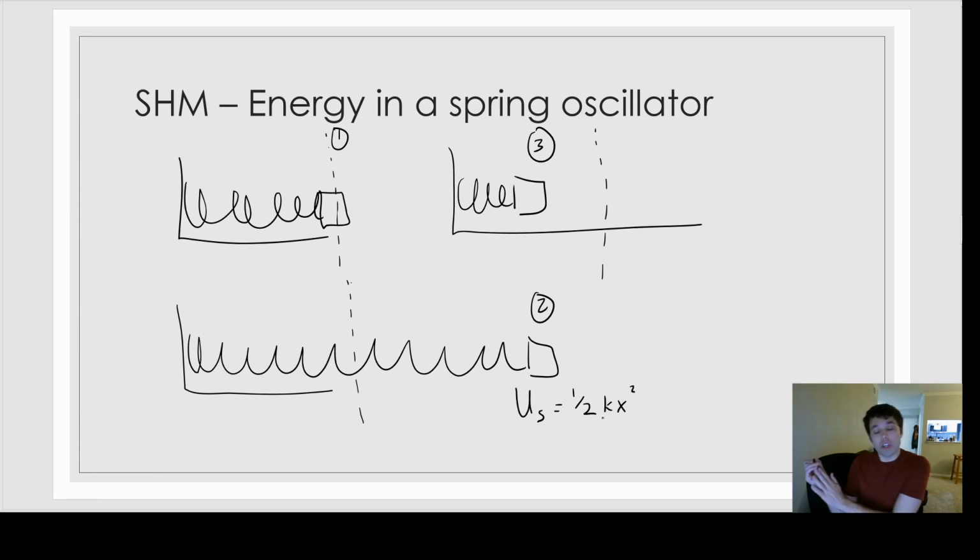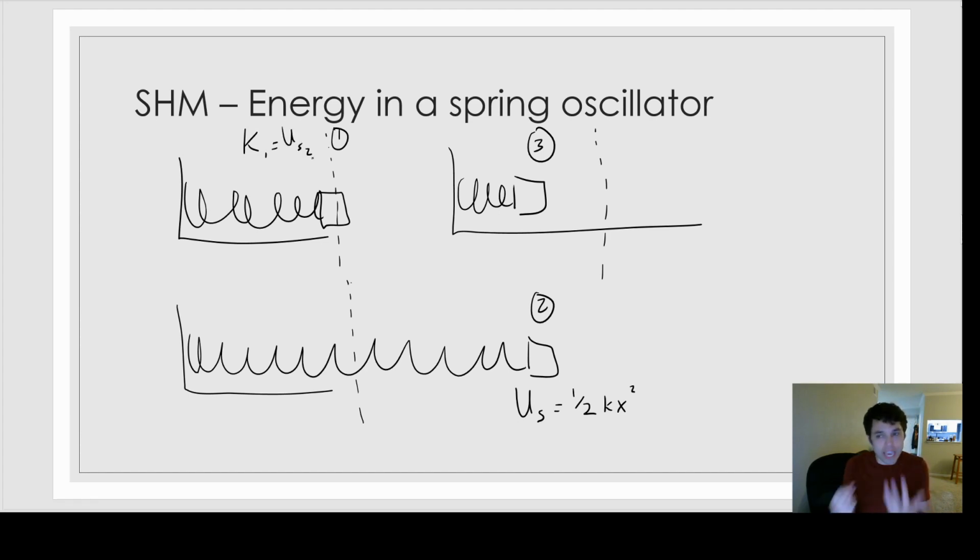As the object goes back towards position 1, the energy at position 1, it doesn't have any spring potential energy because it's at equilibrium position. So the x is 0, but it is moving now. And so our K at position 1 must equal our spring potential from position 2, right?